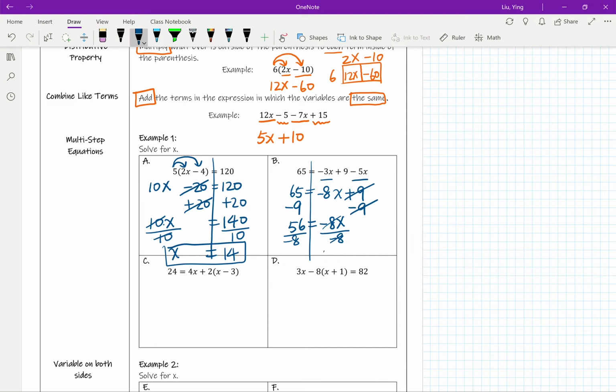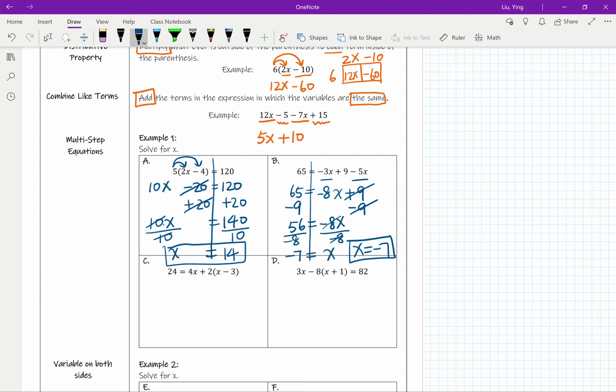And then we'll have just 1x on the right-hand side. And on the left-hand side, there would be negative 7. So to write your answers nicer, you can actually write them in different order. Put the x back on the left-hand side.